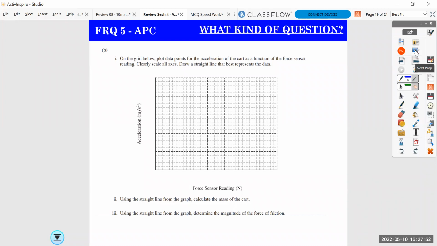Okay, there it is. Apologies for the delay. I didn't actually put the data table on my slide. Come on. There's the data table.